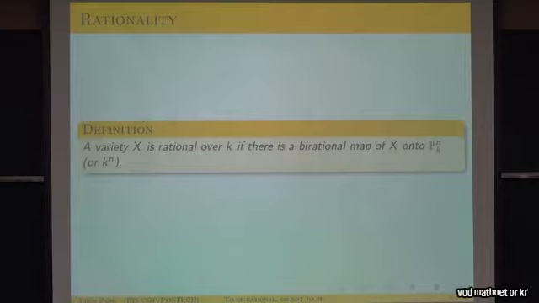Everything is clear there. So if you have a birational map from X to Pn, or to affine space, because affine space An is an open subset of Pn, so Pn and An are birational, so it's the same. When you have a birational map of X onto Pn, then we say X is rational, right? All right, this is one definition.